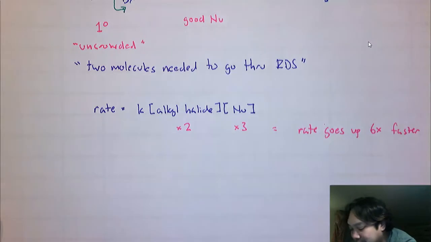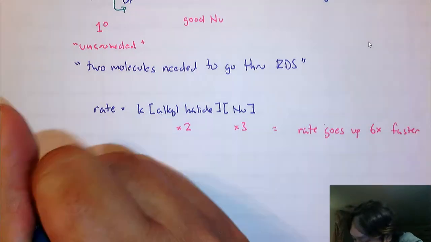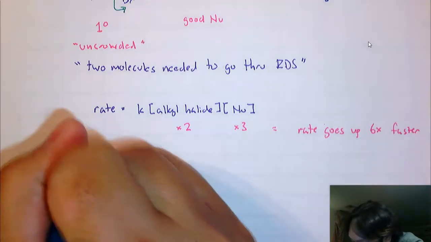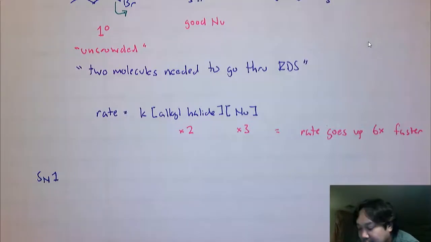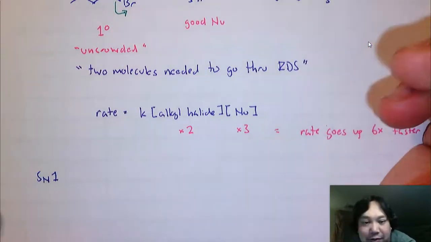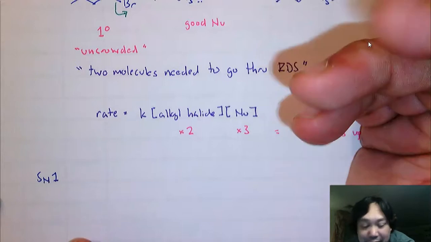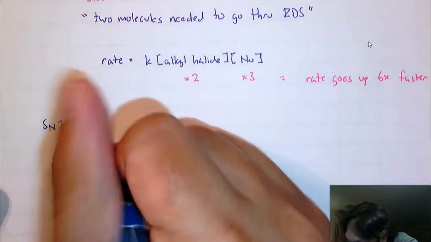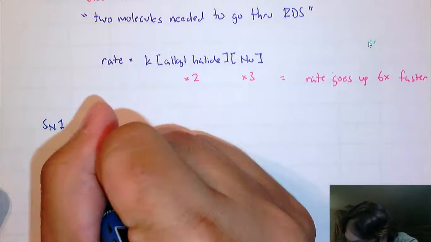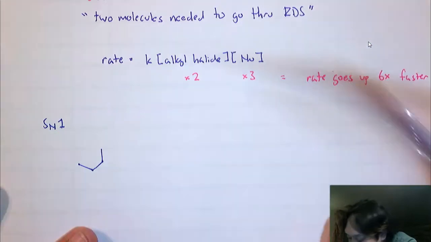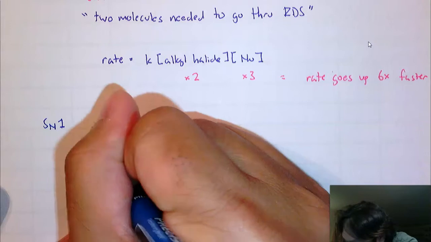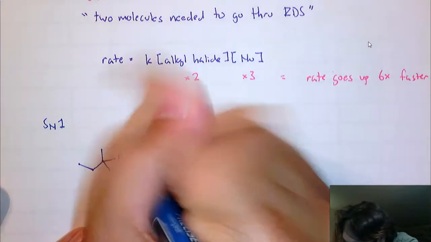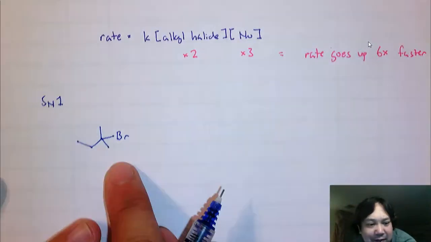Let me show you, before I run out of time, SN1. Okay. This is good that we could get them both on the same page so we could have an easy comparison. And I think some of you may realize what I'm doing to kind of switch it over to SN1. Okay, did you guys catch that?